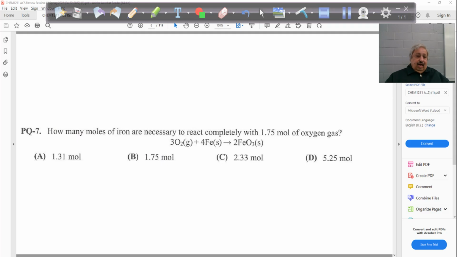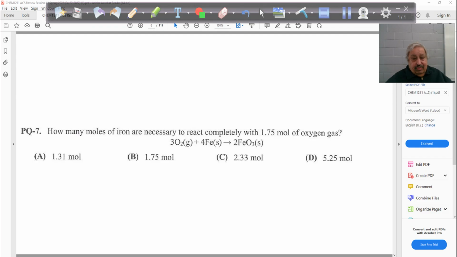Here it is. How many moles of iron are necessary to react completely with 1.75 mole of oxygen gas? So, you tell me how much is it? Always start with whatever is given to you.